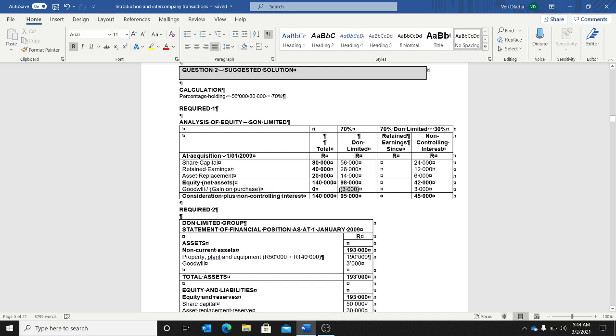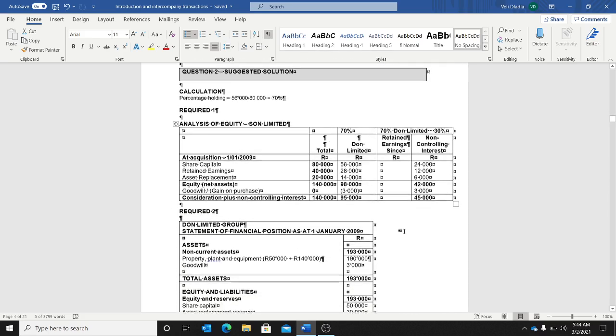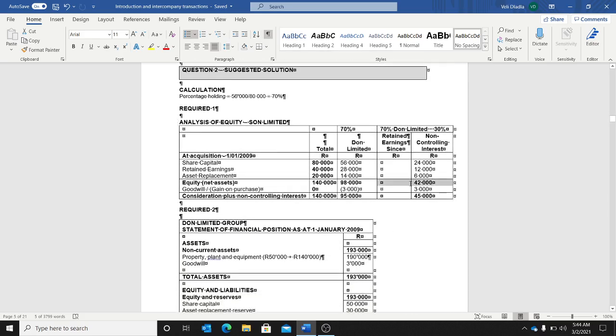Then you come to this side. Here you've got 42, but they said the fair value is 45. So we must adjust to 45. From 42, for you to get to 45, you add 3 here. It gives you 45.